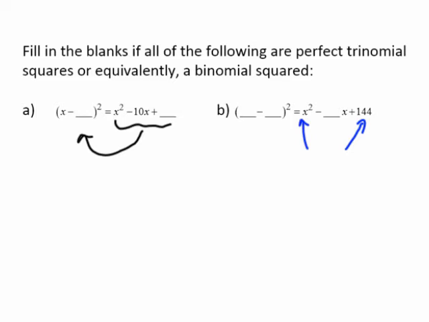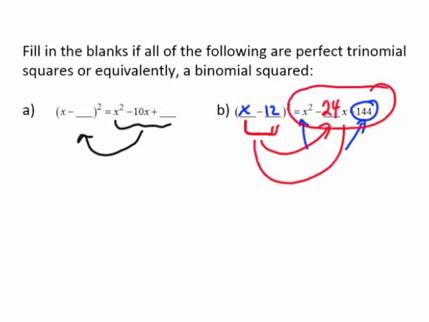The square root of x squared is x. The square root of 144 is 12. And then when I expand my binomial, I know that the middle term here will be double the square roots of the two end terms. So this would be minus 24x. So this will factor back to x minus 12 squared.